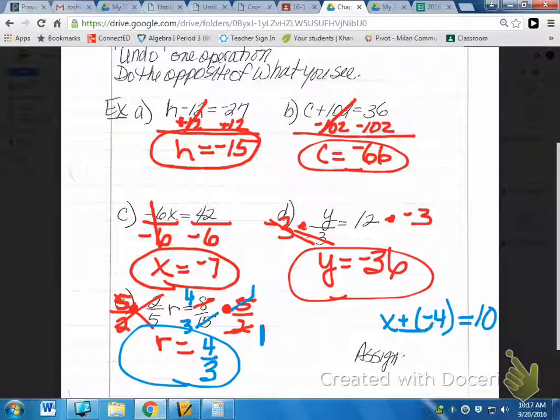Because these signs are different, we would write x minus 4 equals 10. We won't go on and finish that one, but I just want you to be aware, if they throw double signs in there, do not deal with double signs. You rewrite the problem from the beginning and then proceed to solve it. Are there any questions?